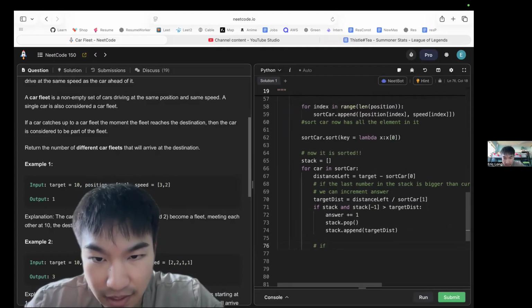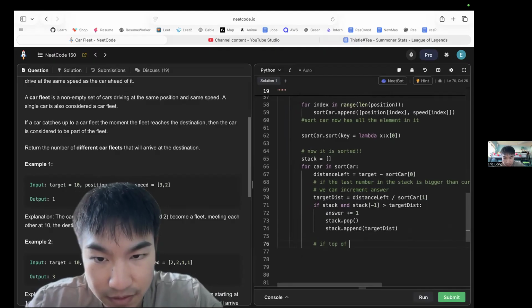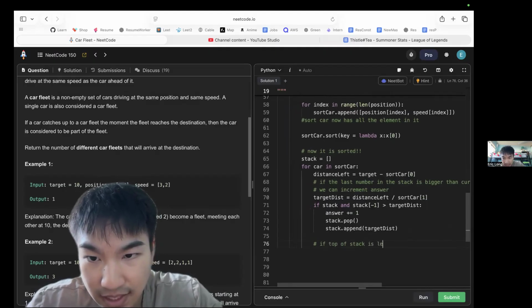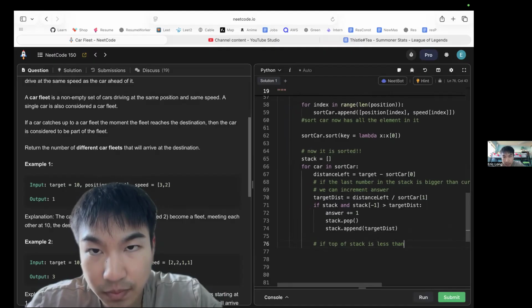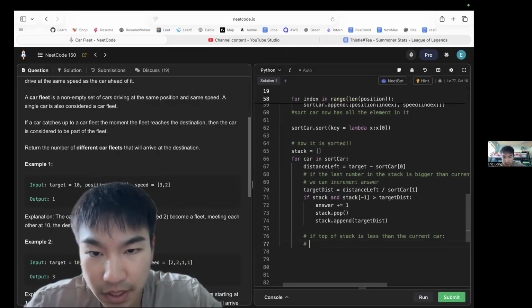If the top of the stack is less than the current, then we know they're going to be part of the same fleet.